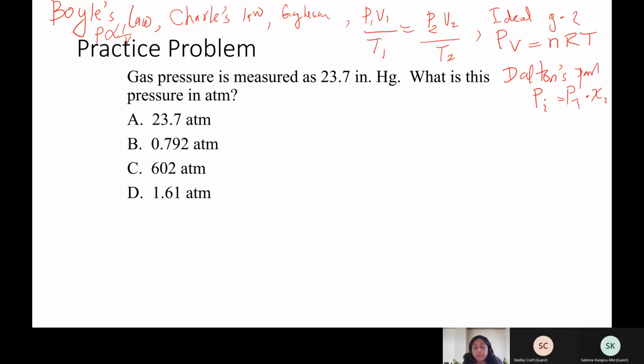Those are the things you have learned and covered under module 8.